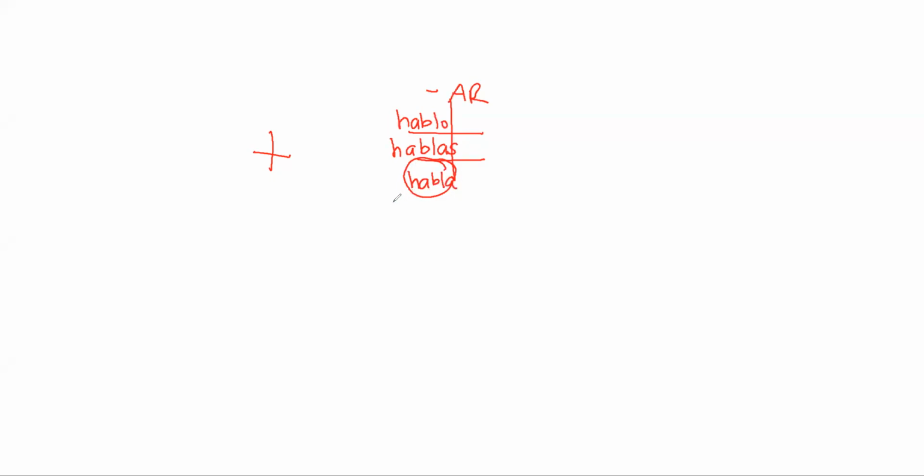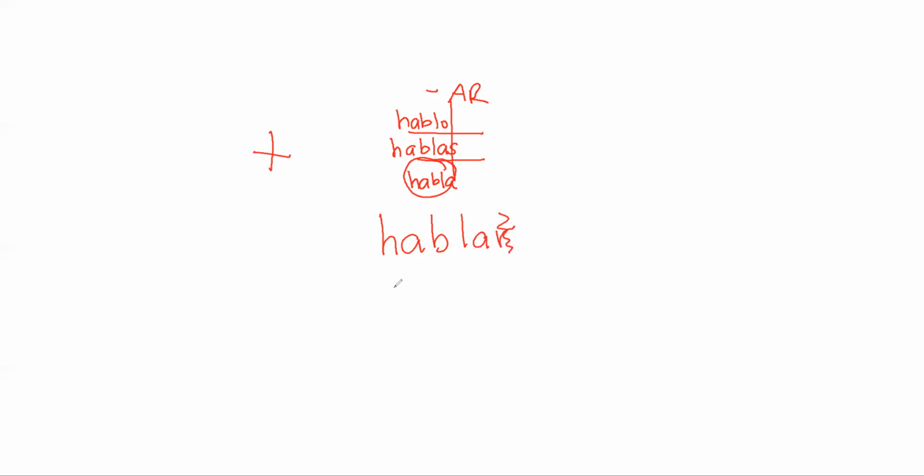Whatever the conjugation is right here, that is the one we're going to use. So it's pretty basic. It's essentially for AR and ER verbs, it's the infinitive minus the R. If we had hablar written out here, we just get rid of the R and we'd have our conjugation.